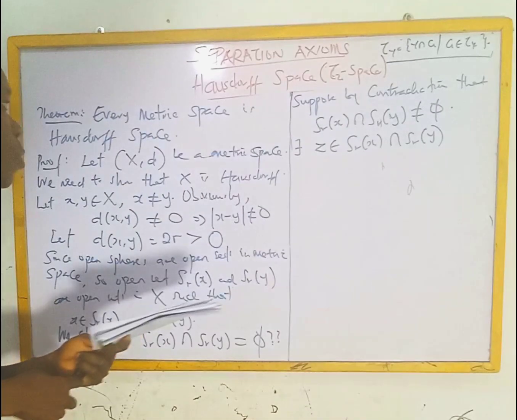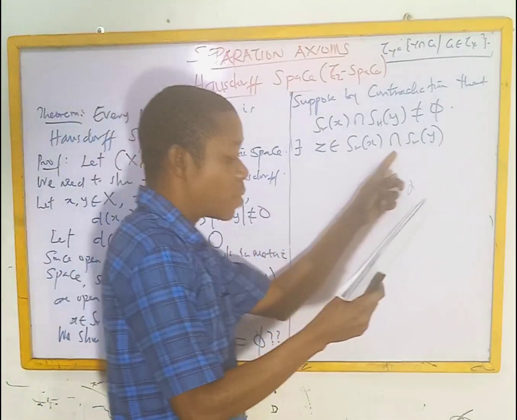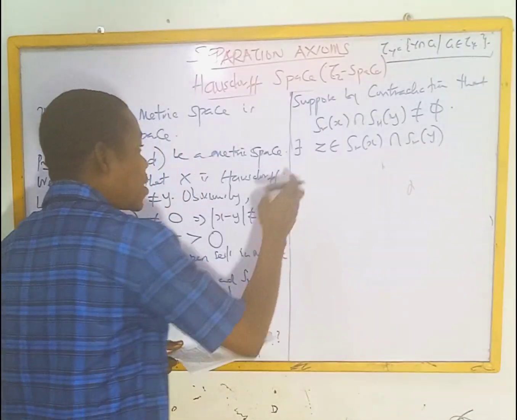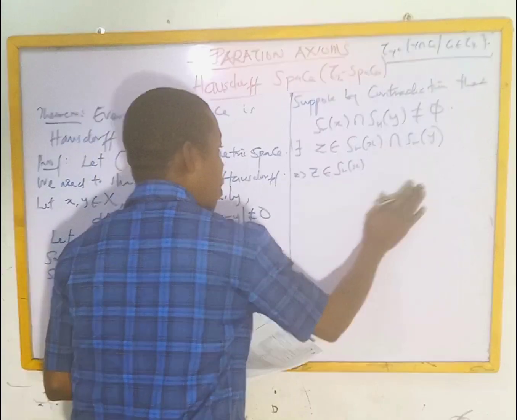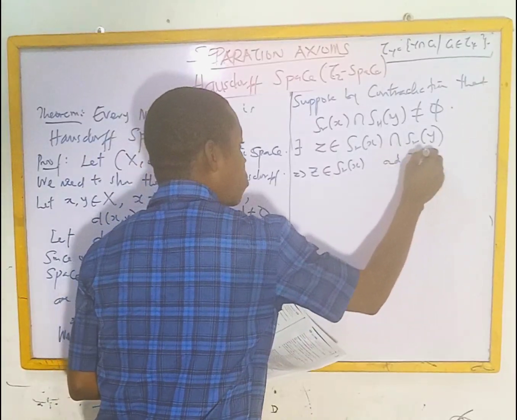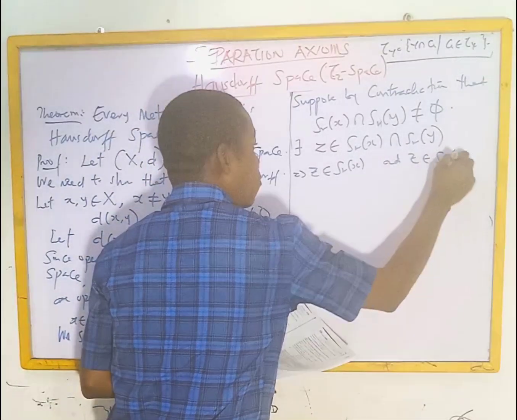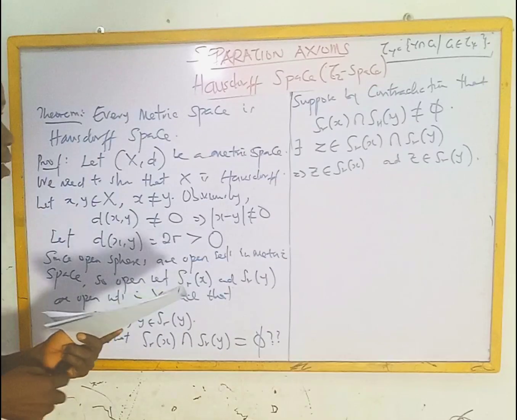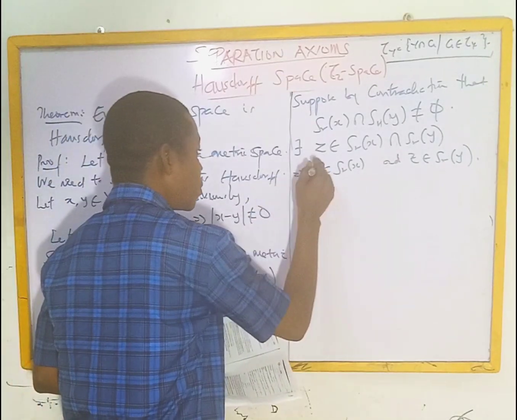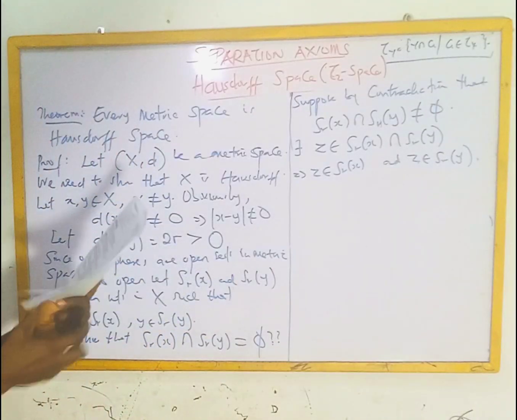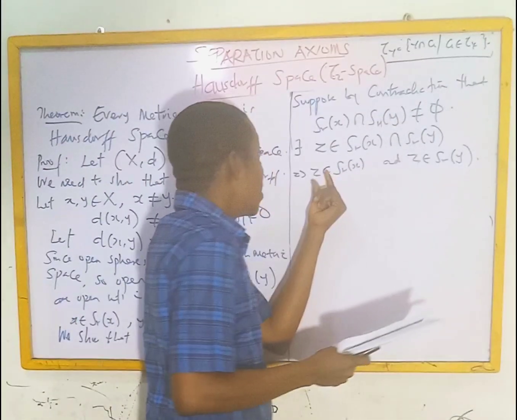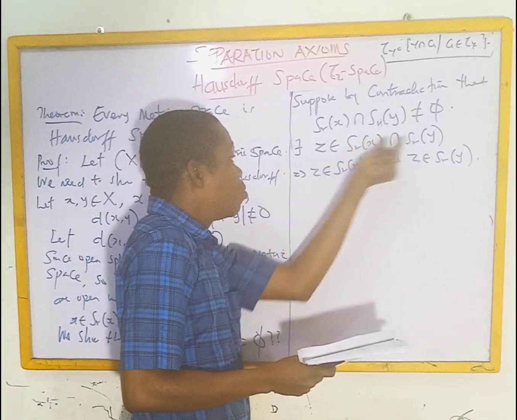So when you pick a particular value from it, because they are not empty, it implies that my z is in X_r(x), and z is also in X_r(y). We assumed that they are not empty, so that point belongs to both of them.